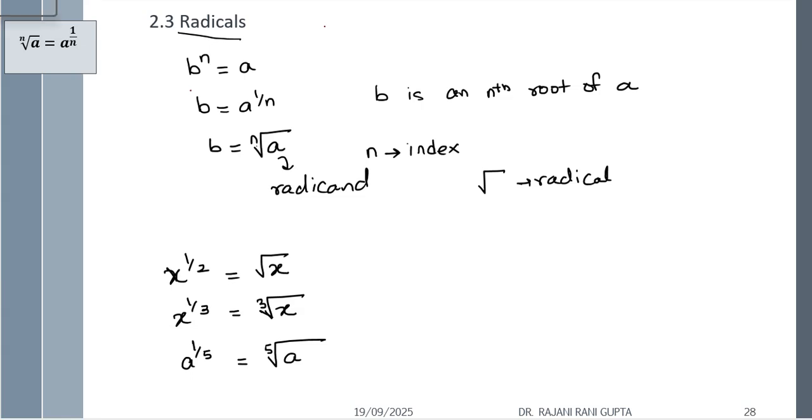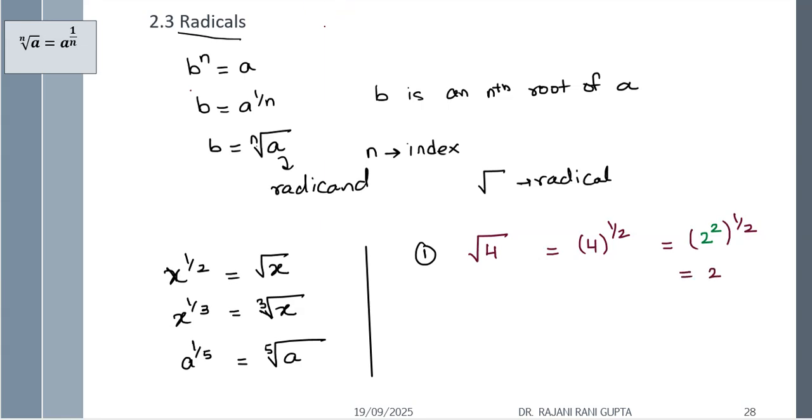Okay. So the other working principles will be the same. Suppose I give you an example: what is the value of the root of 4? Root means power half, correct? You know that 4 you can write as 2 power 2. Because it's half, we want to cancel, so this gives you 2 because you can easily cancel this 2.